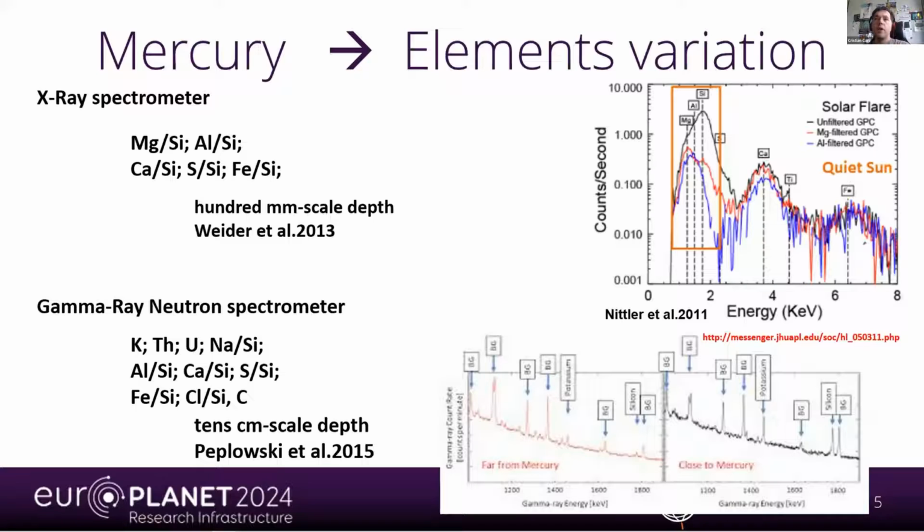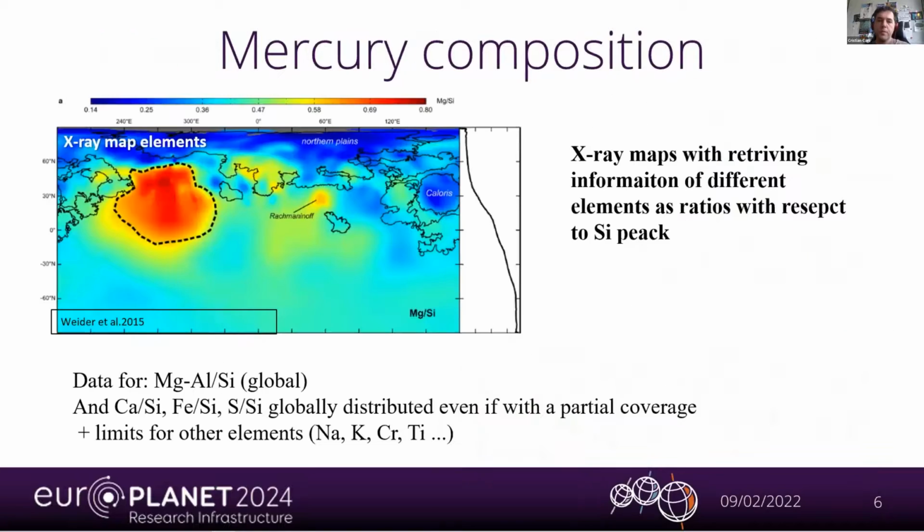Then we have the information from a gamma ray spectrometer that, for some elements like potassium, sodium, and partially others like aluminum, calcium, and also carbon, permits global distribution or partial coverage of the surface of Mercury, with an opportunity to map this information. For other elements, as well as for the X-ray, we have just a sort of threshold limit thanks to the global average information.